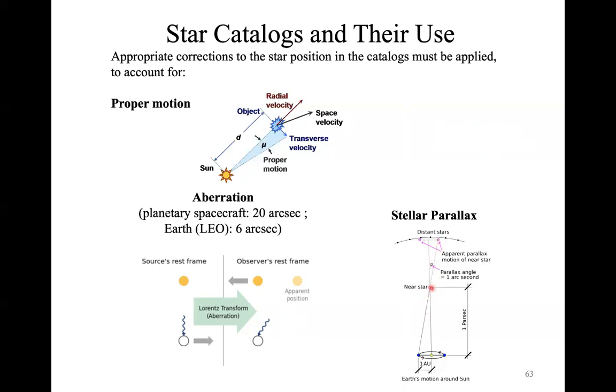If you're looking at the same star from here, you're going to project this star in a different position with respect to distant stars. So you have to take into account the stellar parallax, and the star catalog gives you this information. So with respect to where you are in the solar system, you are able to determine this position.